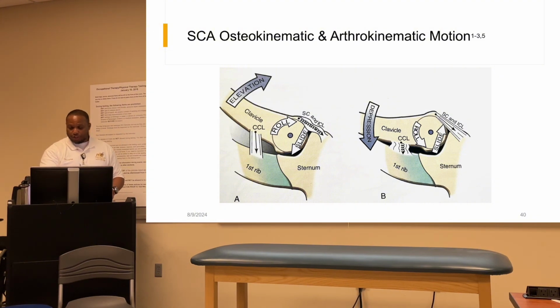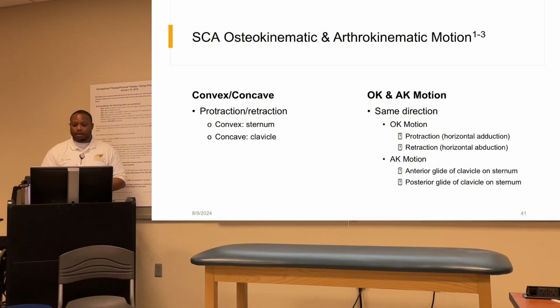And then with depression, you can see an inferior roll, inferior swing with a superior slide or glide. This is where it changes, because now we have a convex sternum. The sternum now becomes convex, and the concave clavicle is moving on the convexity of the sternum.